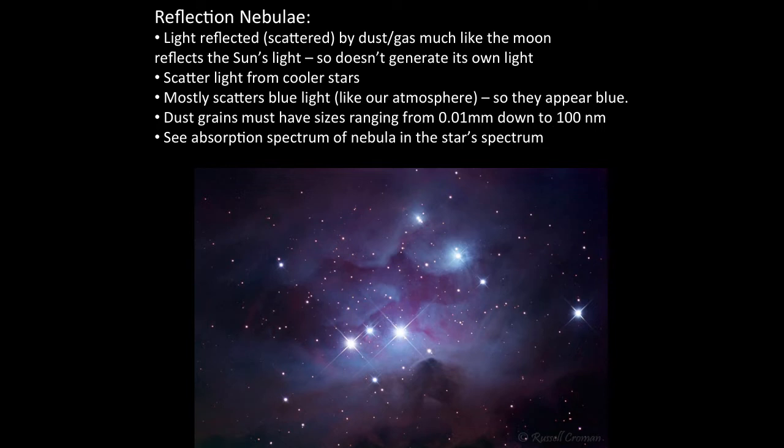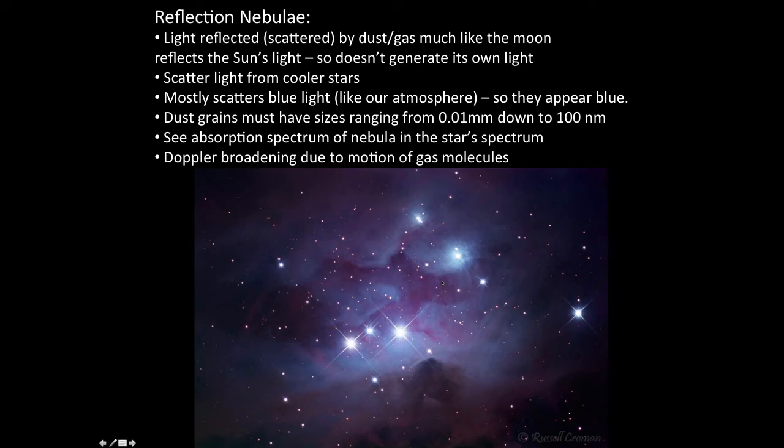So if you measure light from the nebula, you'll see absorption lines, and those absorption lines often come from the star itself. So you can figure out information about the star by looking at the light that is reflected by the gas and the dust. Those spectral lines tend to be broadened because of the random motion of the gas molecules that are doing the reflecting.